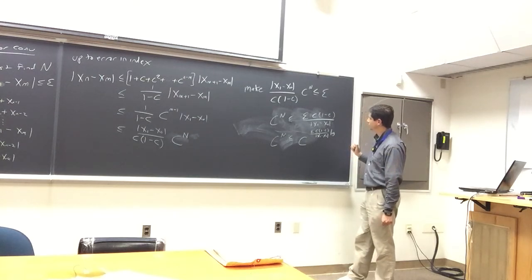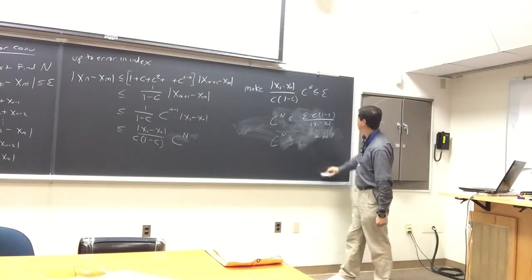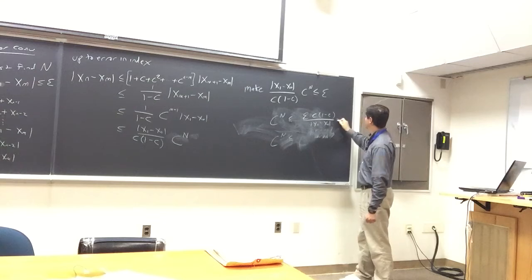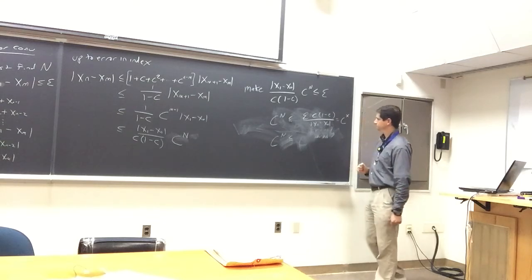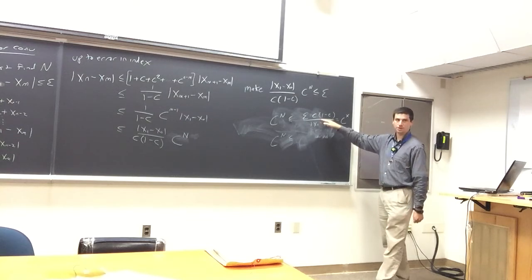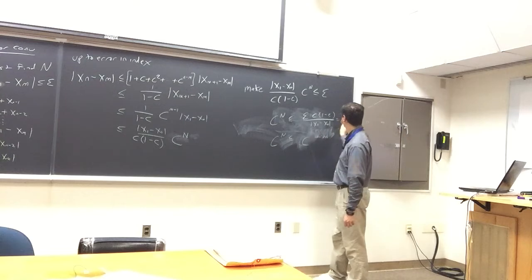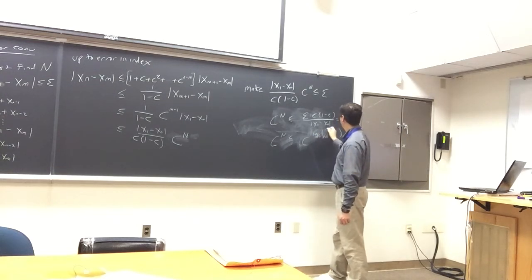That's what I want to do. I want to write this whole thing as c to the x. So we take the log base c of this quantity. And so we would have c to the log base c of this quantity, epsilon c (1 minus c) over x1 minus x naught.